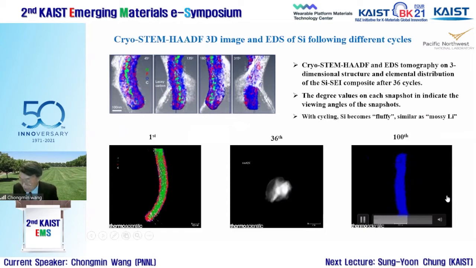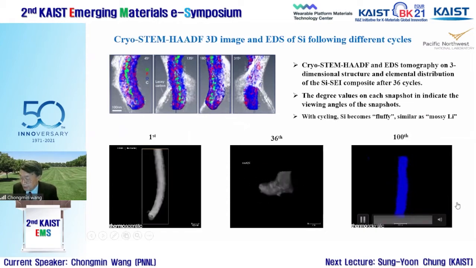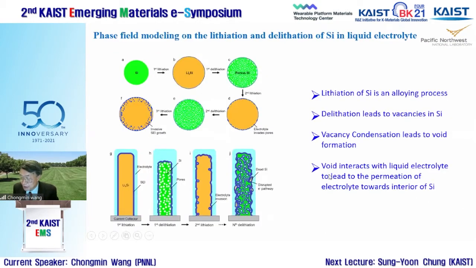So how does this happen in here? What we did is use phase-field modeling, and there you get a silicon here. The first time you lithiate it, there's no problem, but when you delithiate it and take the lithium out, it apparently produces a lot of vacancies because the lithium left, and how these vacancies behave critically controls the morphology.